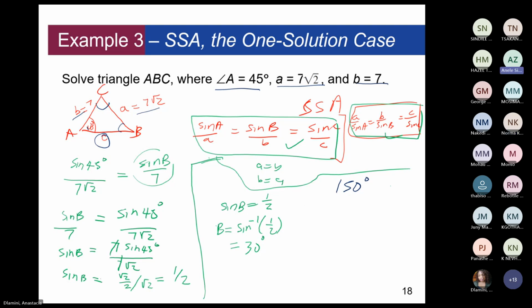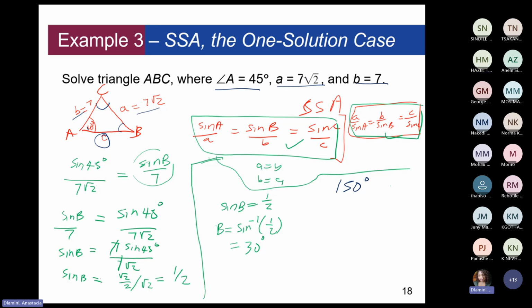So, ma'am, the 150 was also for the angle C? Okay, the 150, we're still looking at B, because they didn't draw triangle ABC for us. So we can't assume that B is equal to 30 degrees.